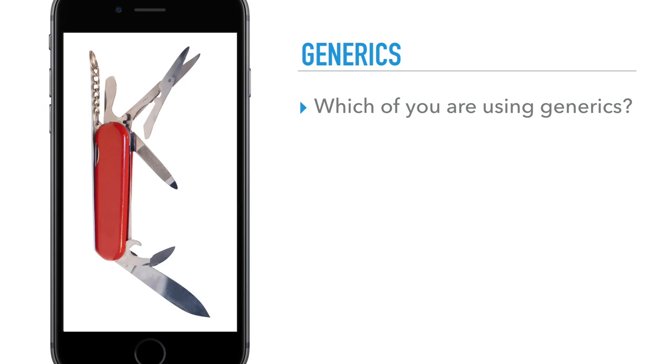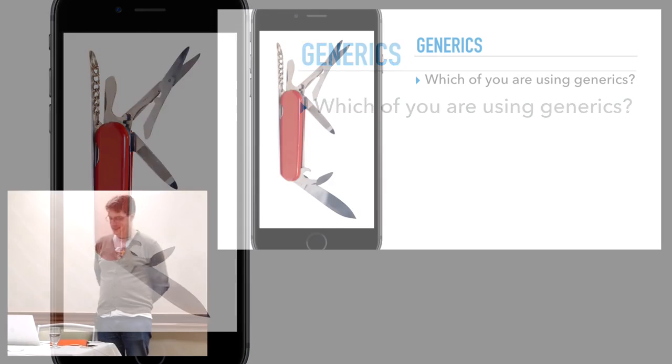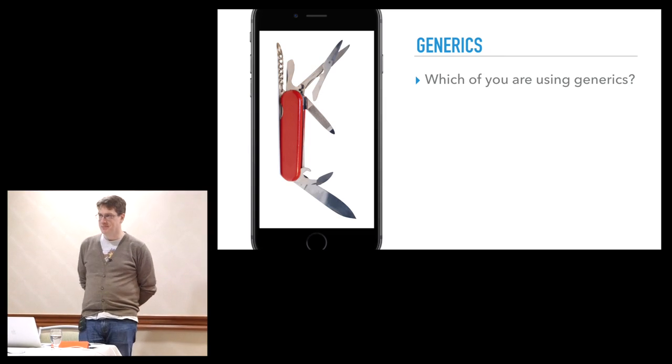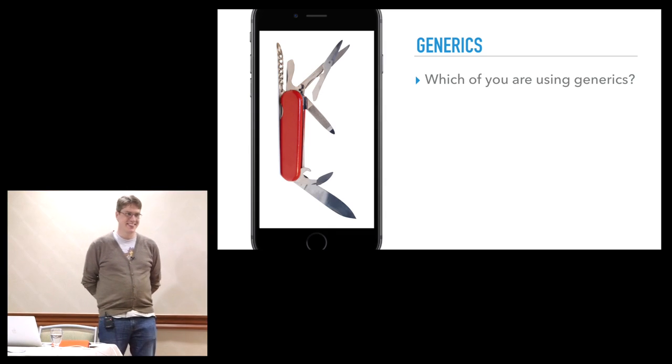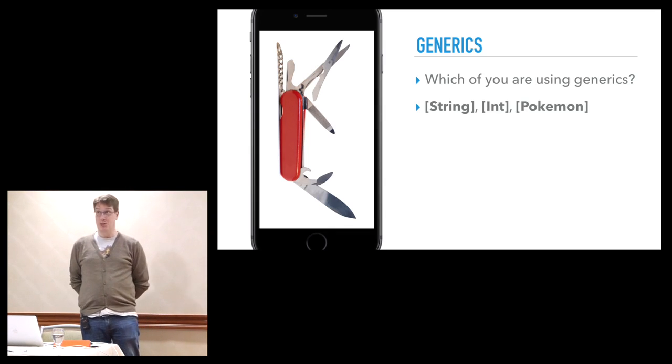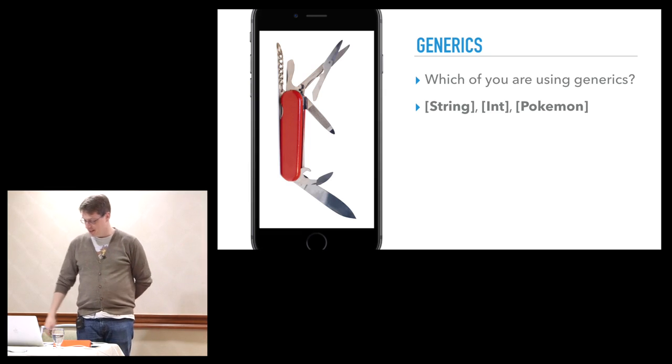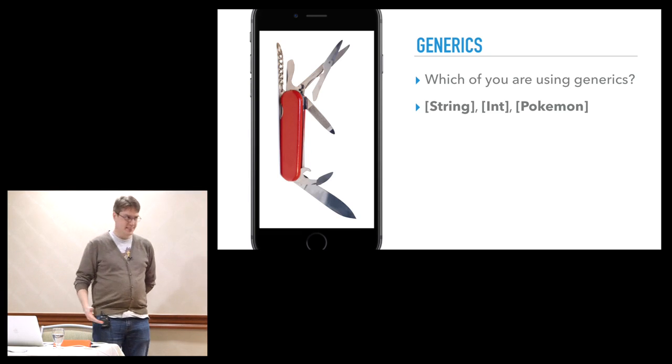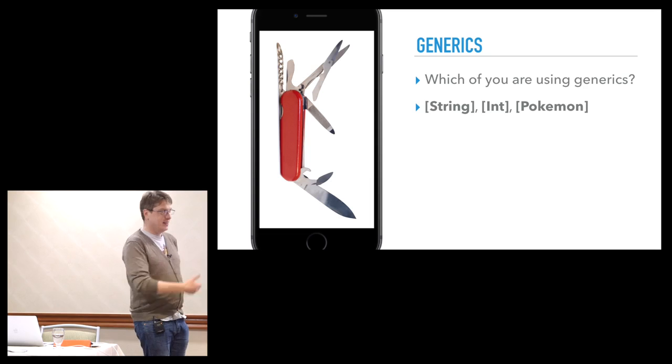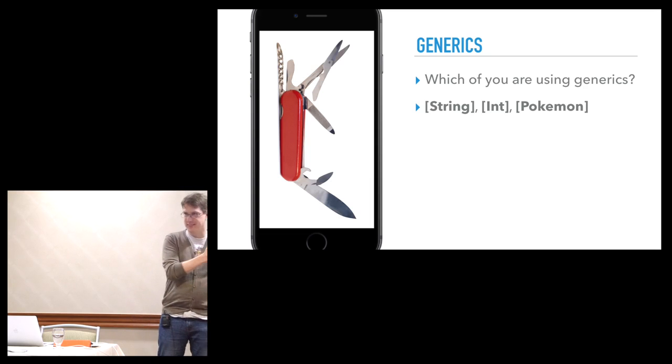Which of you are using generics today? Three of you. I am disappointed. Trick question. You're all using generics, unless you're writing super trivial Swift code, because string, int, Pokemon, that's generic, right there.